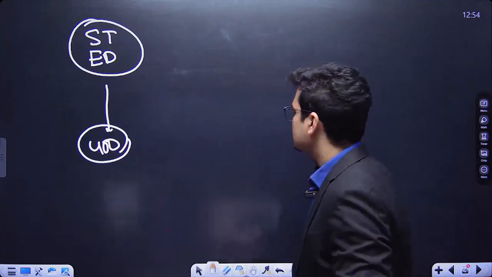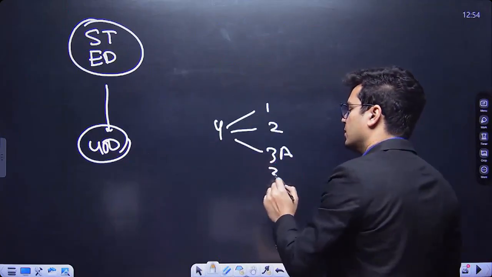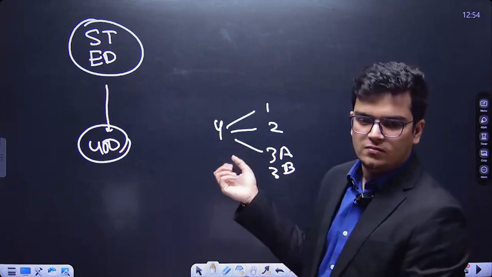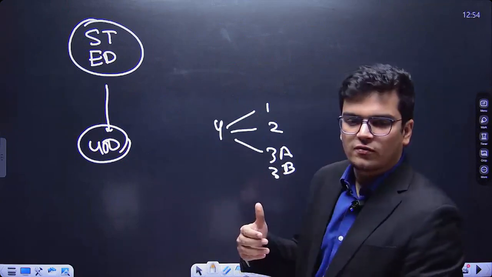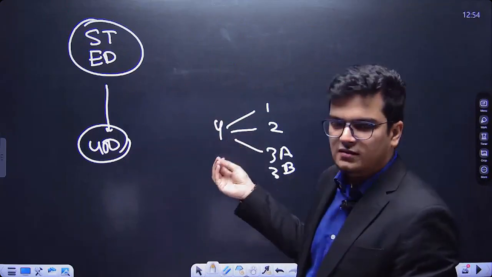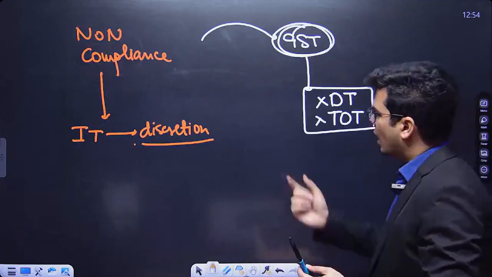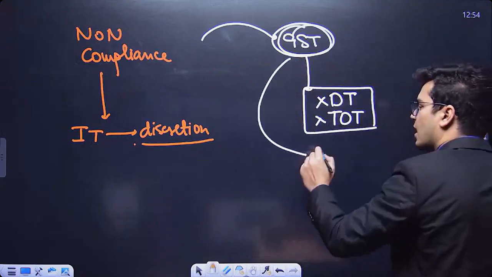Now under GST there are only 4 forms, form 1, 2, form 3A, form 3B. There are only 4 forms. So cost of compliance has reduced. Comply करना बहुत आसान है। अब non compliance की बात करते हैं। Now what is happening? You have an account with the government.